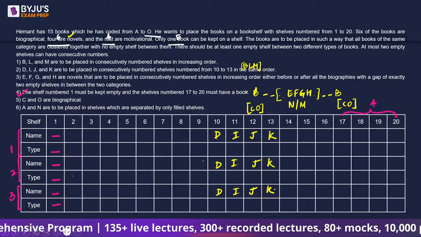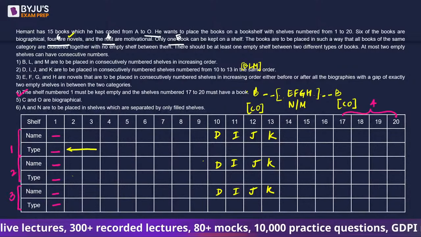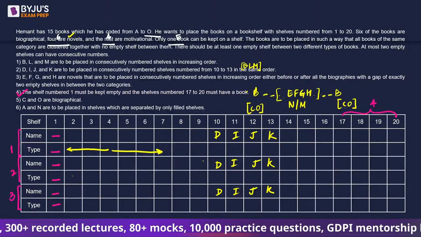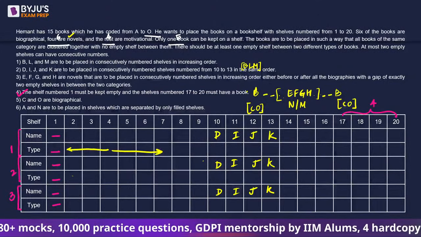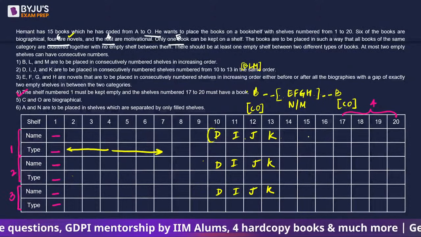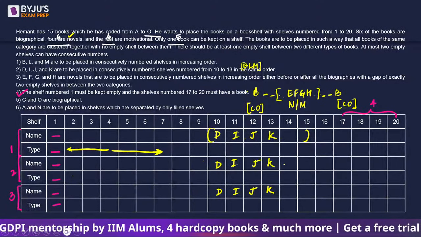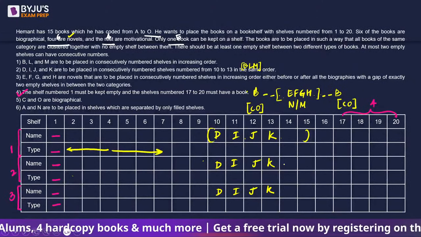Right? Now, we have seen that if we keep the first 6 books as biographical, after or before biographical we are supposed to put CO. So if we are going to put CO here, then this will become 6 in number, but 6 books are biographical. So this is not possible, right?